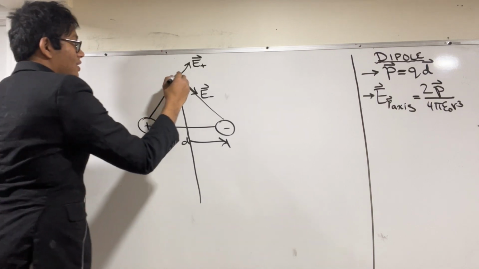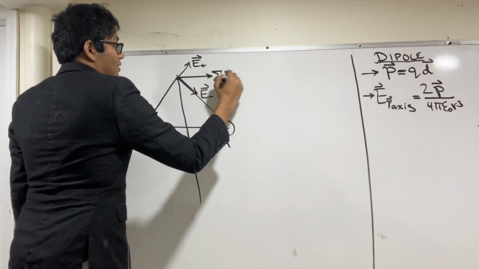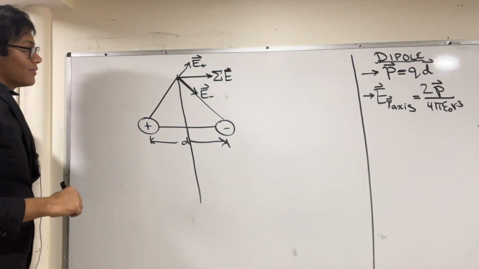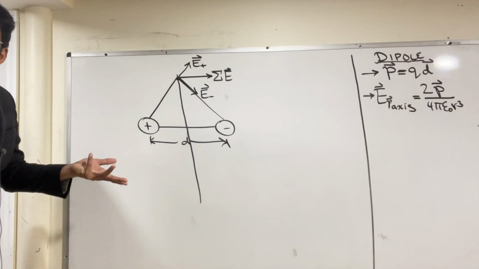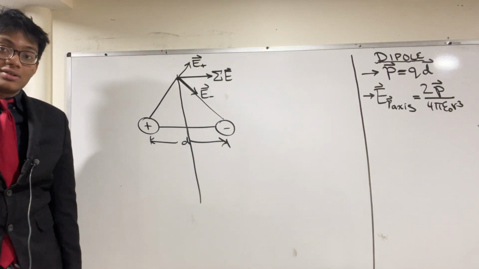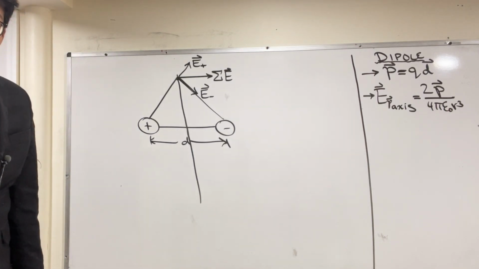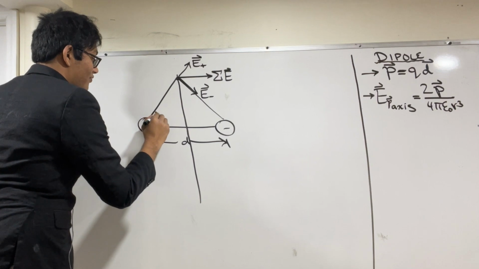And so the net field, the vertical components cancel. Here's your net electric field. So that's what we want to figure out, the net electric field. And it turns out it's not 0. Even though the vertical components cancel, the horizontal components add up. And so let's find what that is.